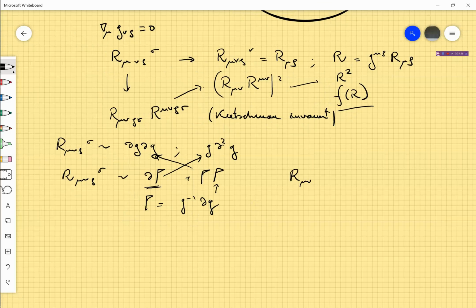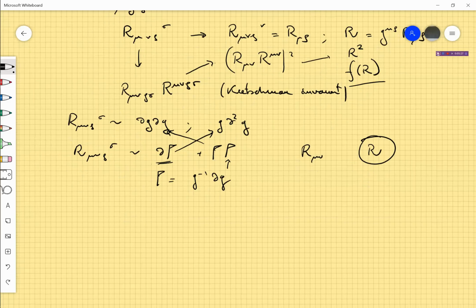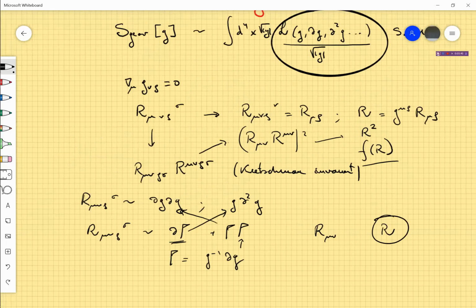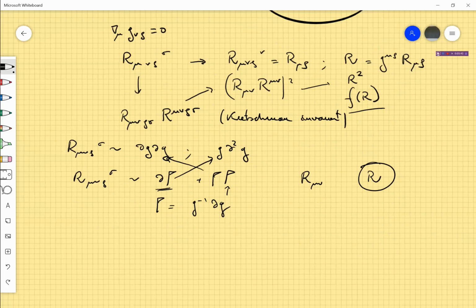It's just the Riemann tensor with two indices contracted, and are contained in the Ricci scalar. However, anything which is of higher order in the Riemann tensor contains, by this reasoning, higher derivatives of the metric and will be pathological.